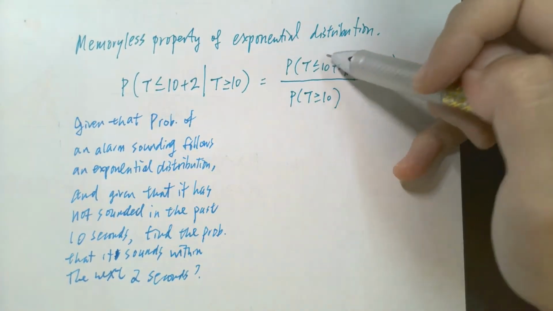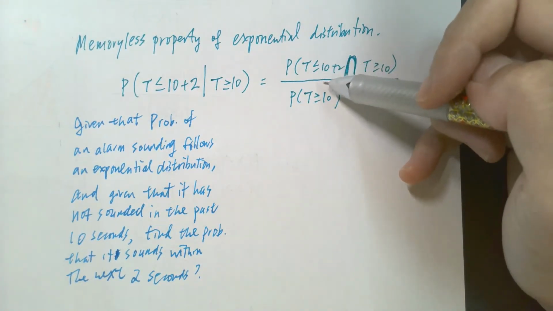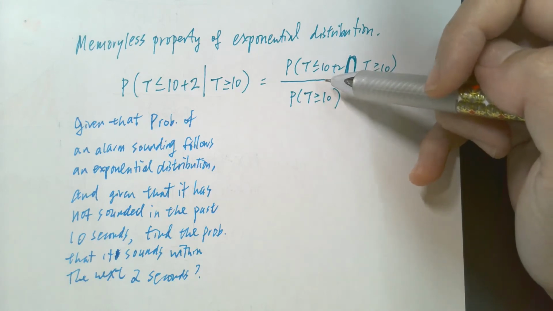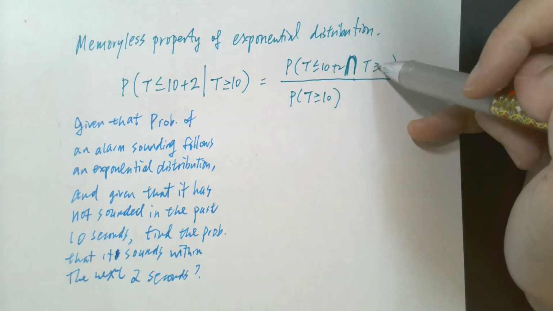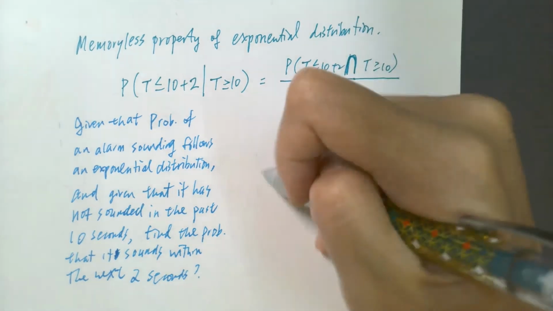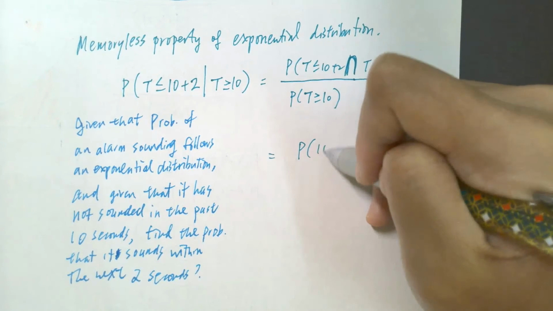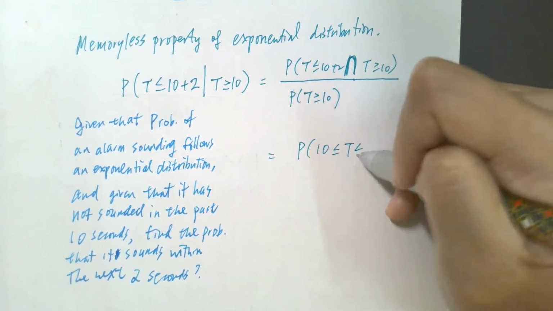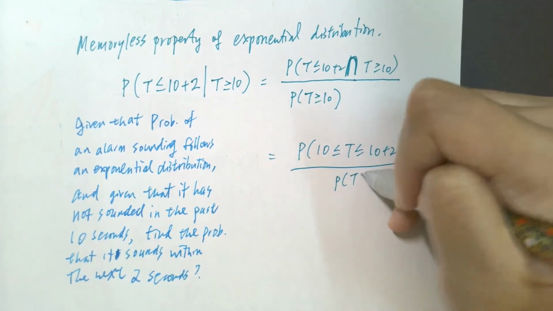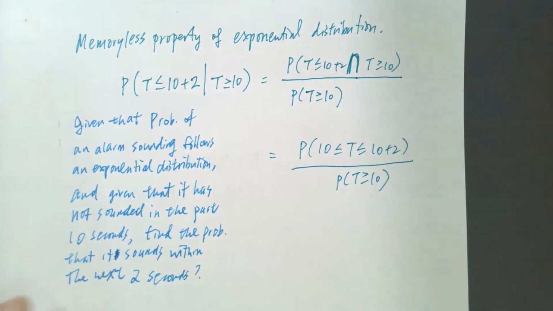And now, of course, if it's bigger than 10 and smaller than 10 plus 2, we can really just write the probability of t between 10 and 10 plus 2, over the probability that it's greater than 10, right?